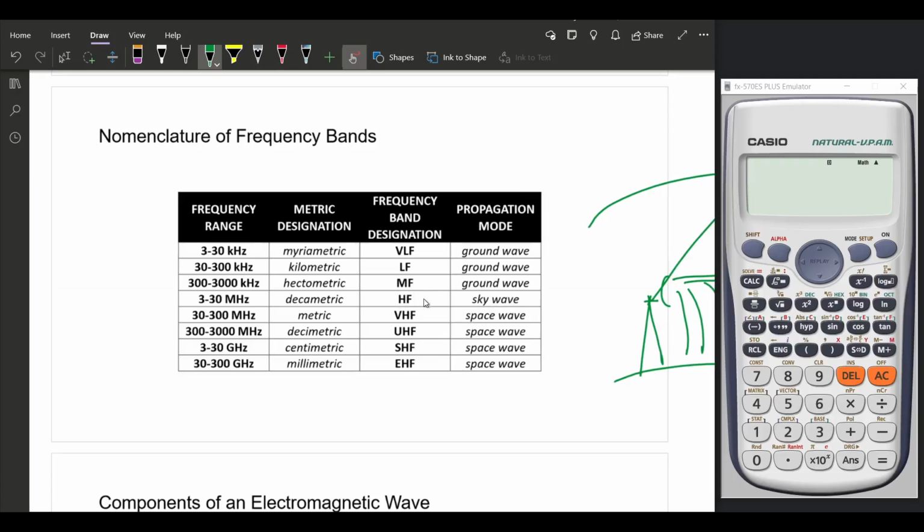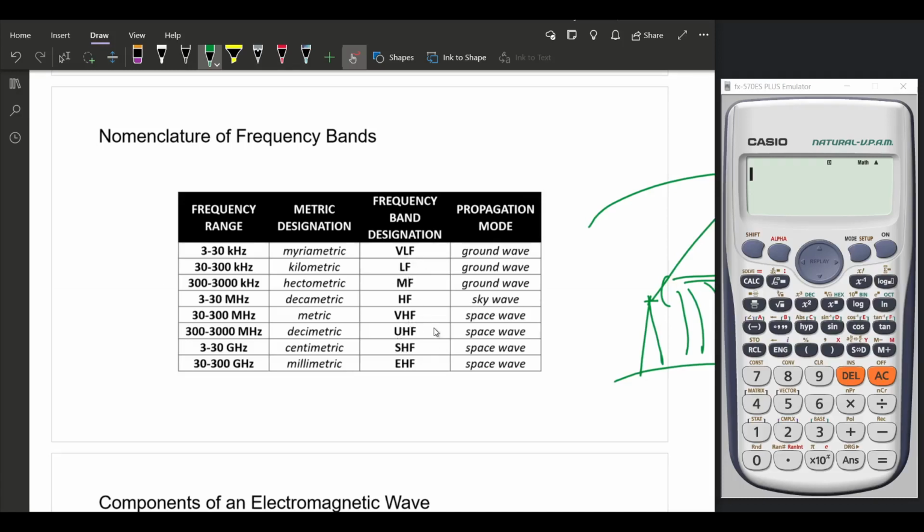Kasi hindi lahat ng signals nagre-reflect or nagba-bounce back pabalik. Okay? So ito kasing mga low frequency, if you are going to propagate them using sky wave, ma-absorb lang sila ng layer ng atmosphere. So they will not bounce back pabalik sa Earth. So that's why they are not used for sky wave.